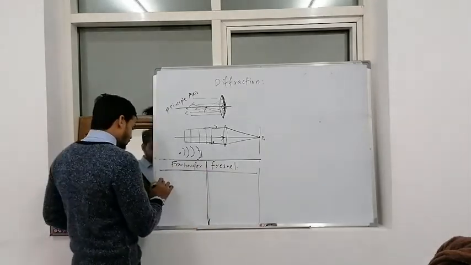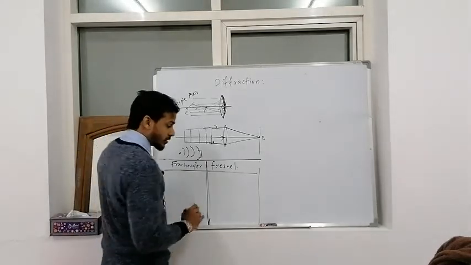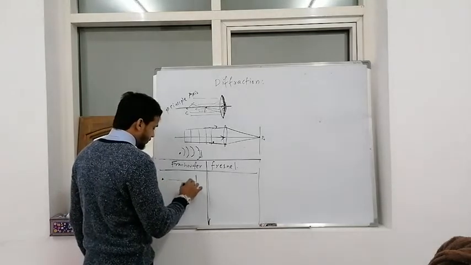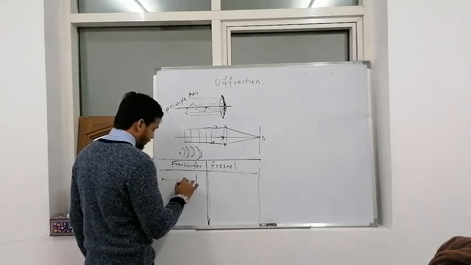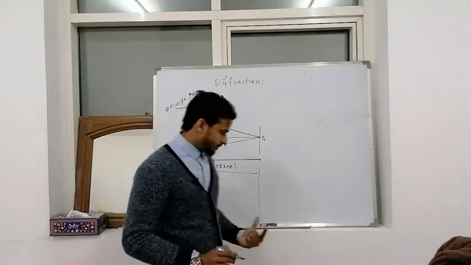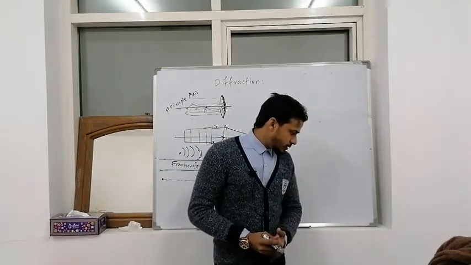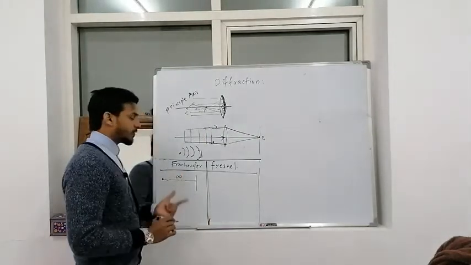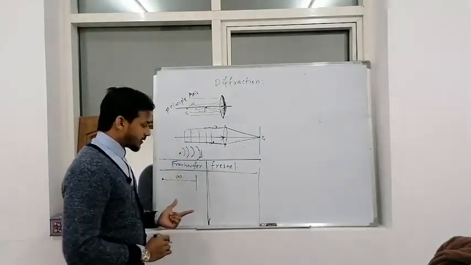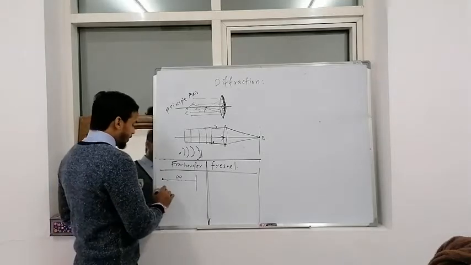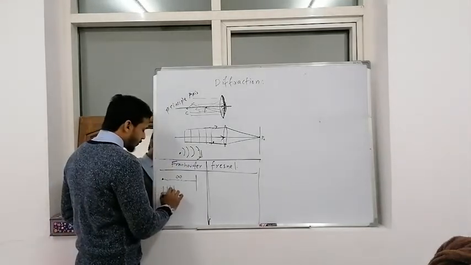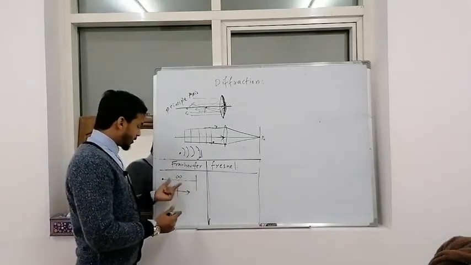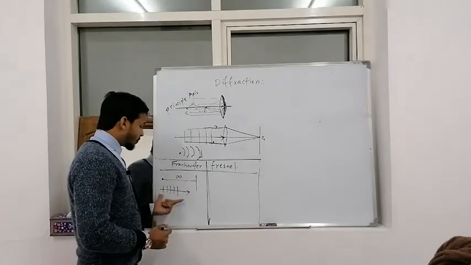When the source of light and the screen are at infinite distance, we will call it Fraunhofer diffraction. Understand? In this, we will use a plane wavefront. I'm not writing it here, because I want to make you understand. We will use a plane wavefront here.